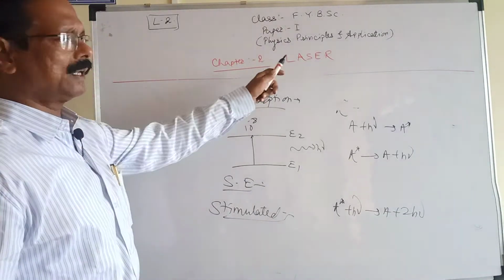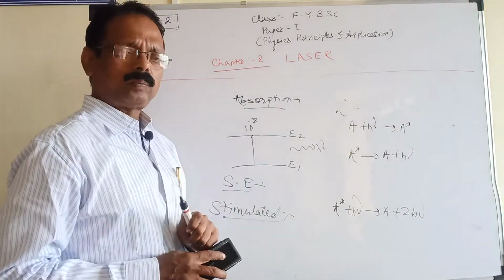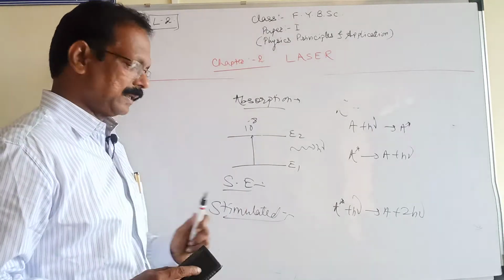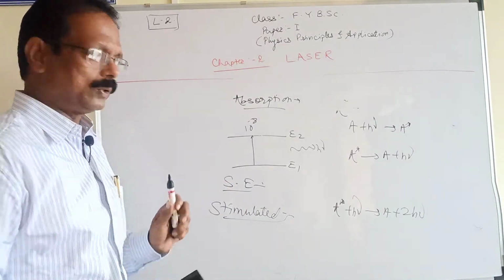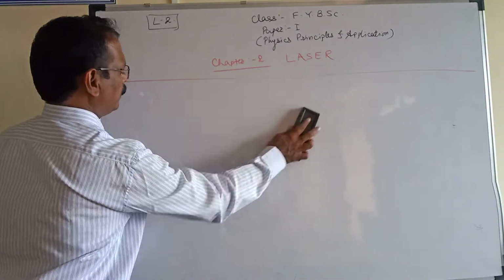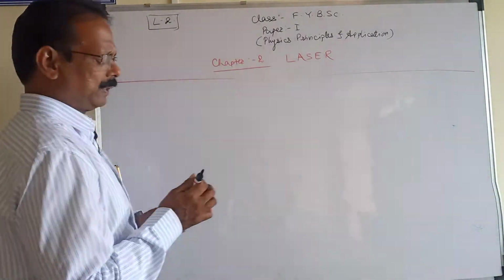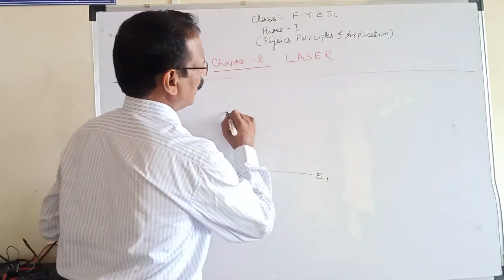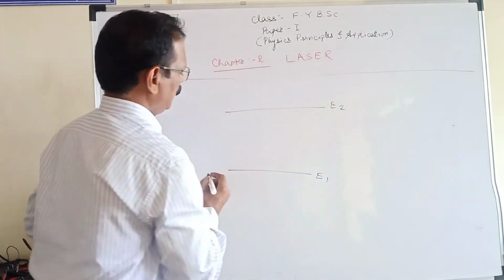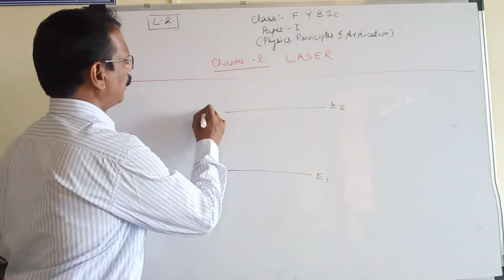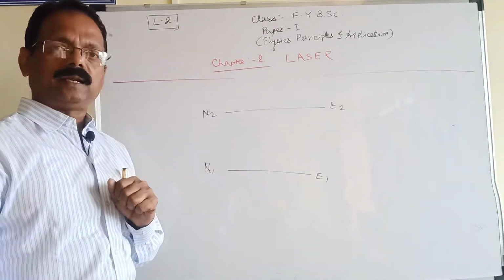So in the case of laser, we know the acronym for laser, what is absorption, what is spontaneous emission, and what is stimulated emission. Last time we also saw what is population inversion. Normally, this is the ground state energy level E1 and this is the higher energy level E2. The population of atoms in the ground state is N1, and the population of atoms in the higher energy level is N2.